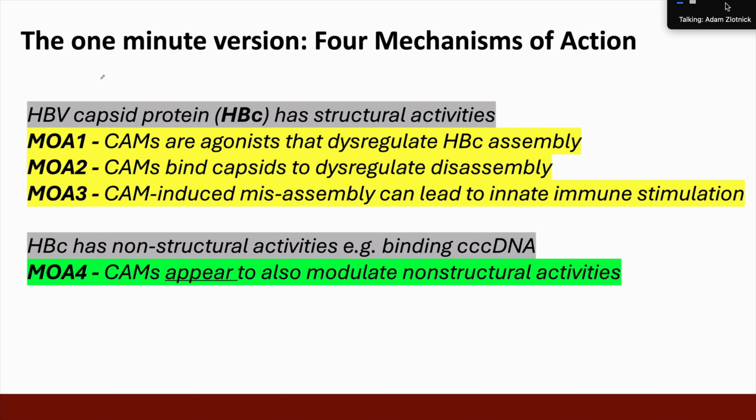HBc also has non-structural activities, and CAMs appear to be able to modulate these as well, making a 4th mechanism of action.